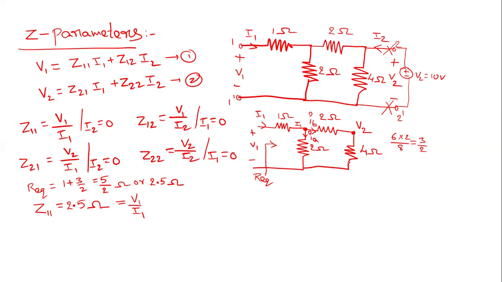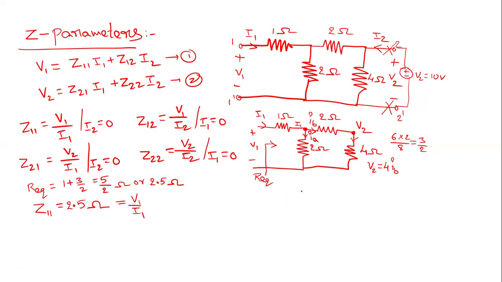This current IB flows like this. So what is V2? V2 can be expressed as 4IB. Why? Because this branch is connected to ground, so this node voltage is V2, and the current flowing through the 4 ohms resistor is IB. So V2 is 4IB.